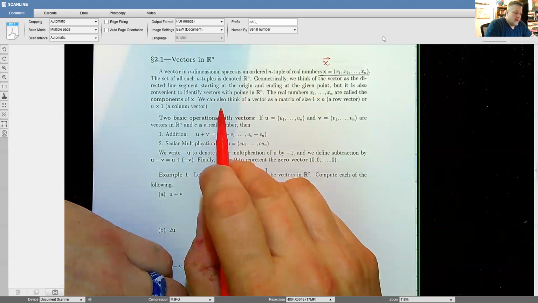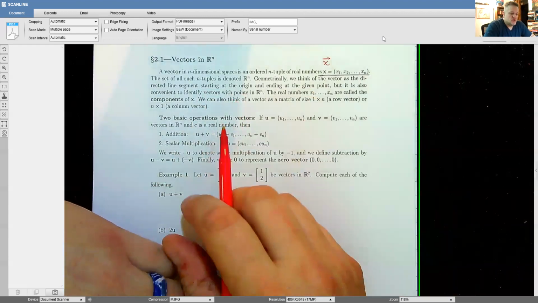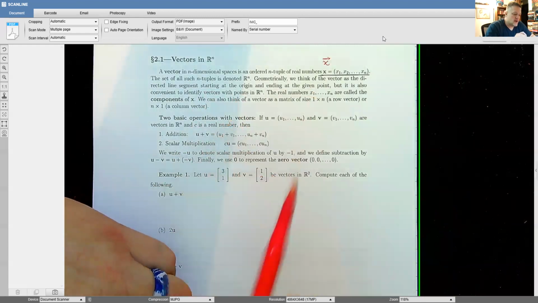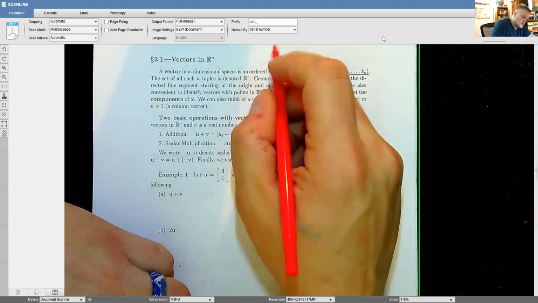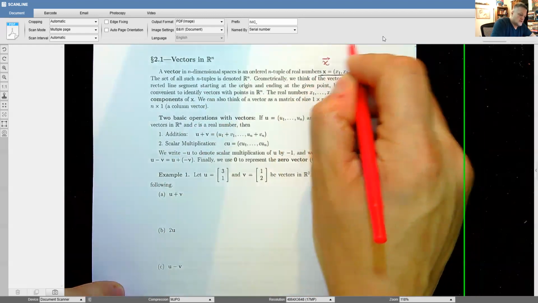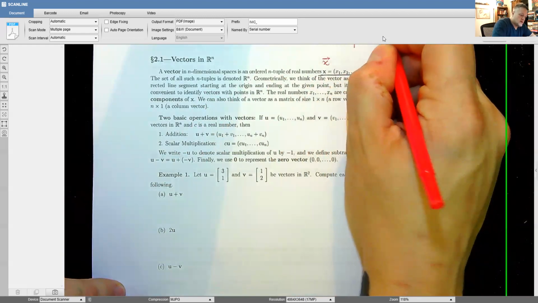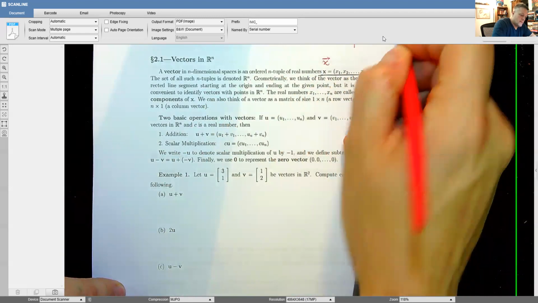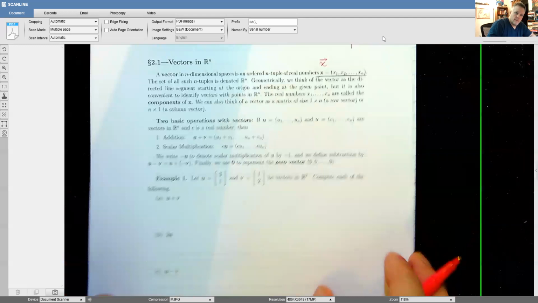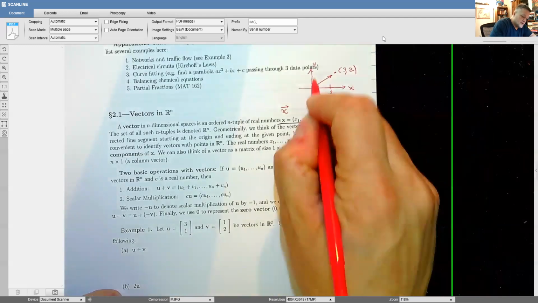All right, so you have this geometric way in R2 and R3 of visualizing a vector, right? You always think of it as a directed line segment starting at a tail and emanating to a point. So for instance, in R2, if you think of the vector 3, 2, this is X, this is Y. Here's 3 and here's 2.